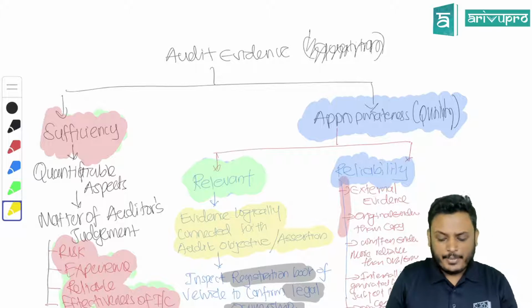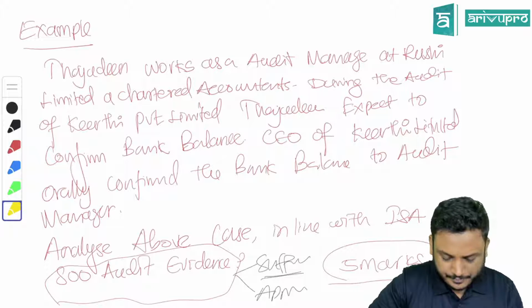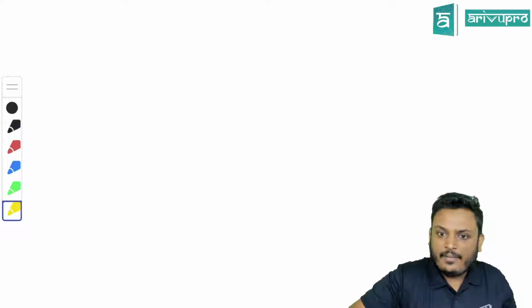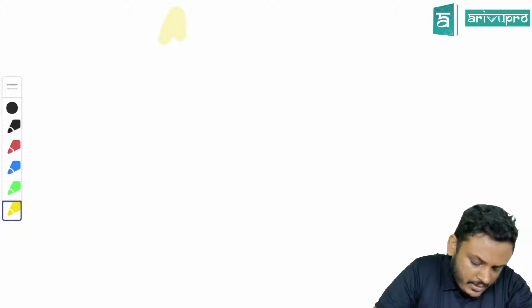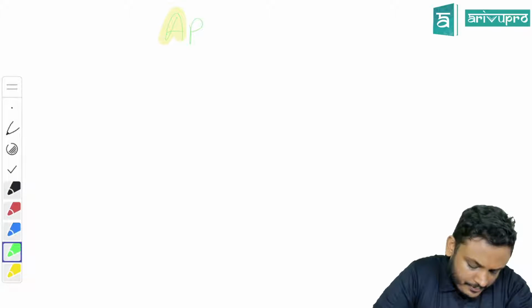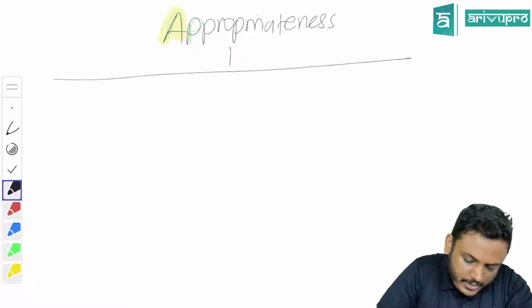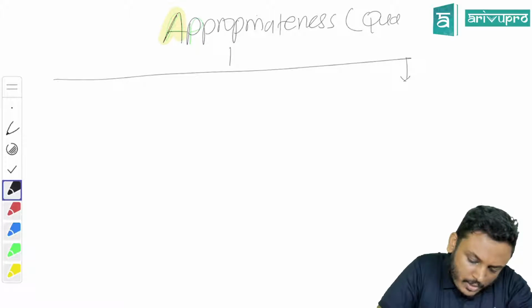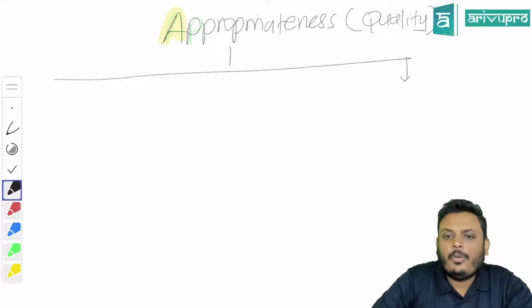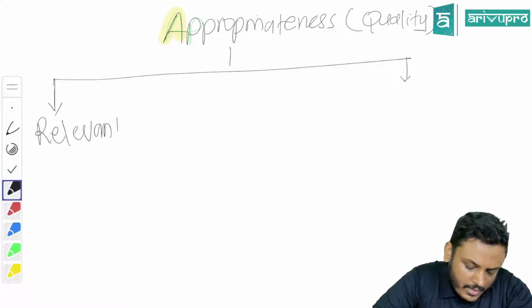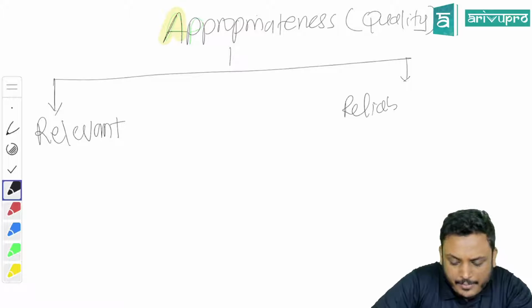I'll tell you an example for relevancy, because I told you the term appropriateness, or the term quality, consists of relevance and reliability.